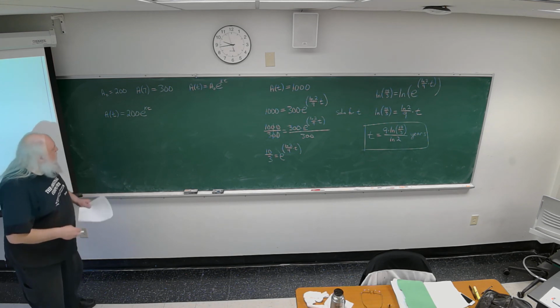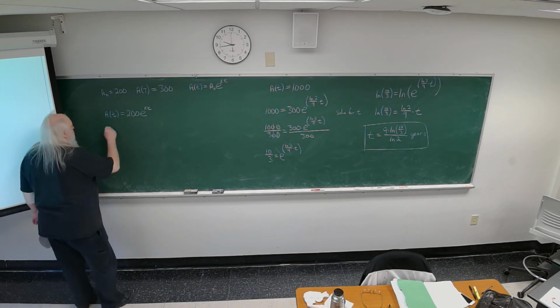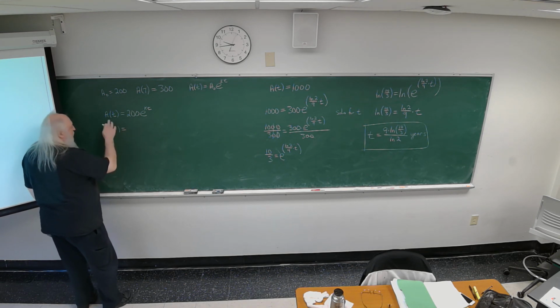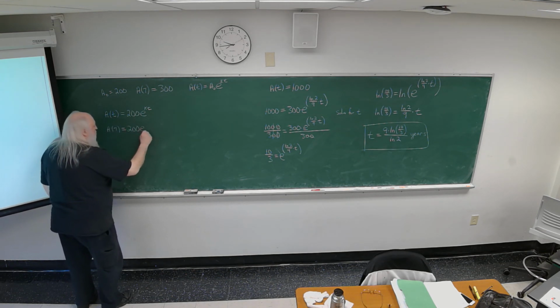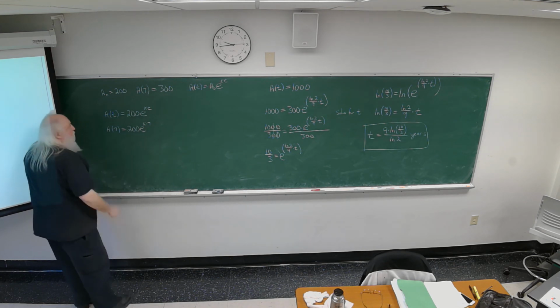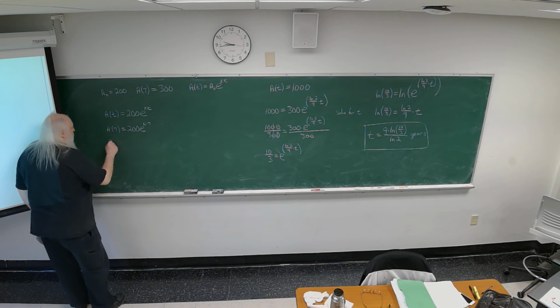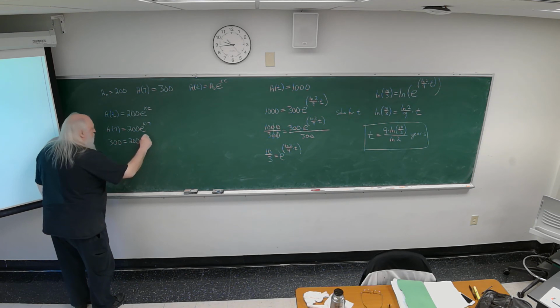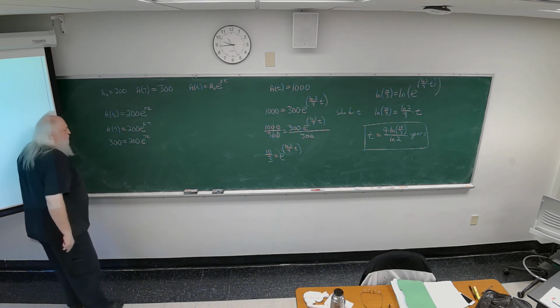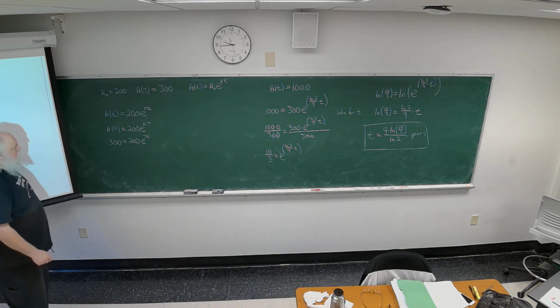Now we're told that A of 7, put 7 in for t, A of 7 is equal to 200 times e to the k times 7 power. But A of 7 is equal to 300. So 300 is equal to 200 times e to the, now I'm gonna switch the order of multiplication, 7k power.